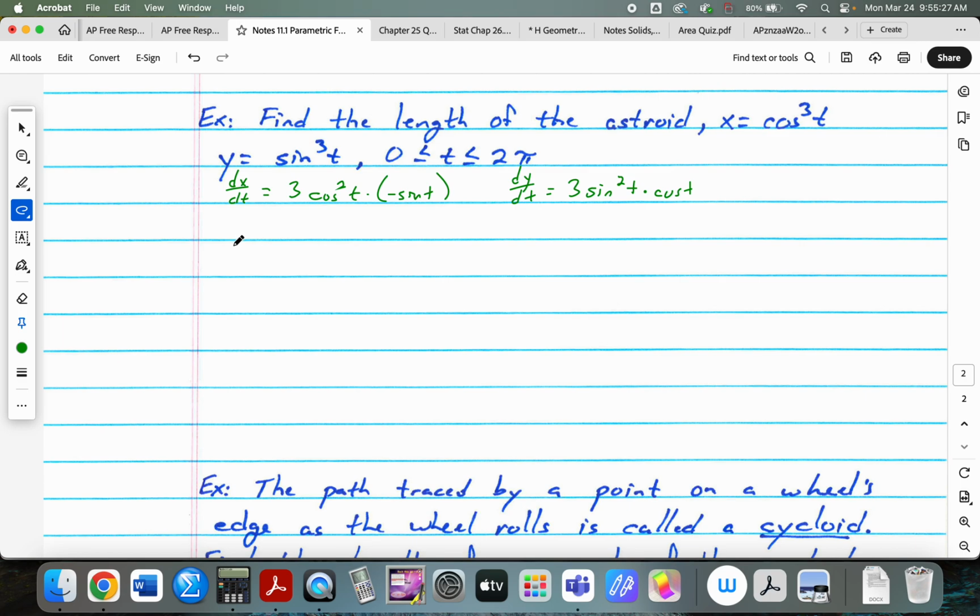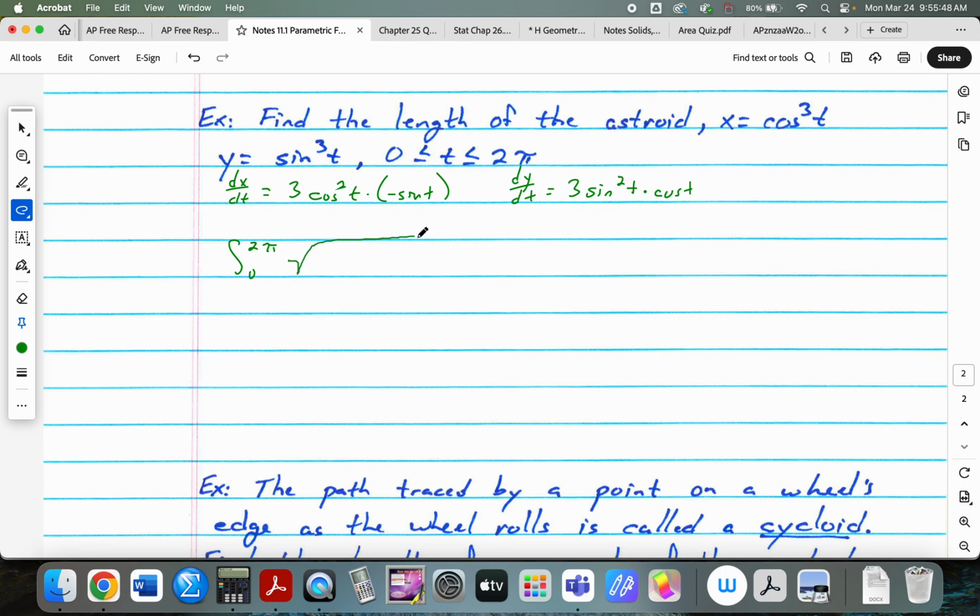So the length of the curve should be the integral from 0 to 2 pi. And if you were doing this, you would want to check to make sure that from 0 to 2 pi it just did the curve once. It didn't start going back over itself.